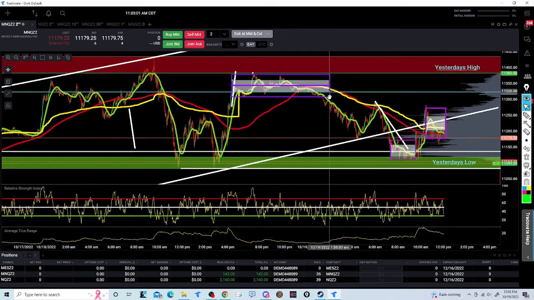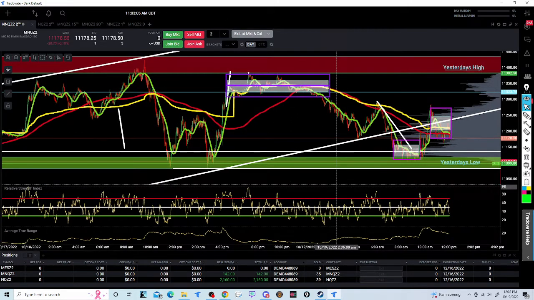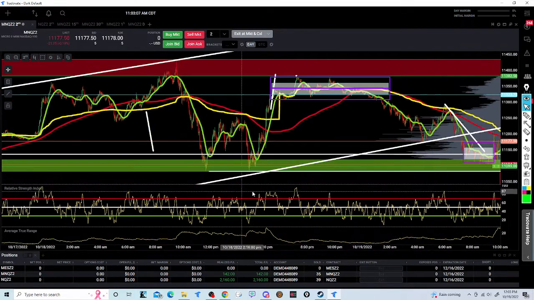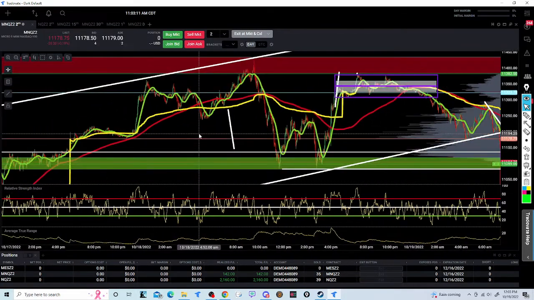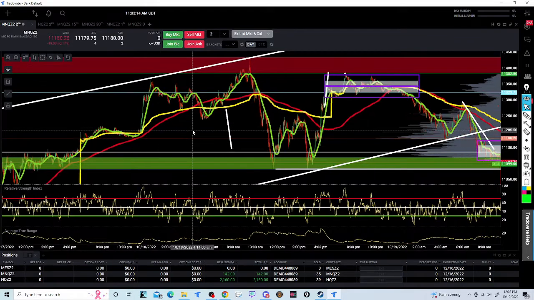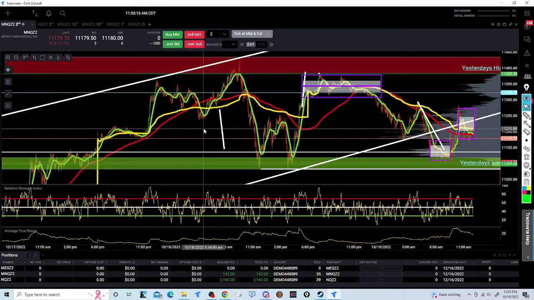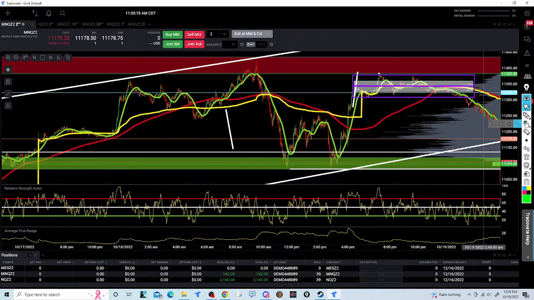So, a range within a range. Lots of ranges. Ranges are very, very common. They happen all the time, all day. The market likes to move, and then range, and then move, and then range, just like a runner likes to run and then rest.